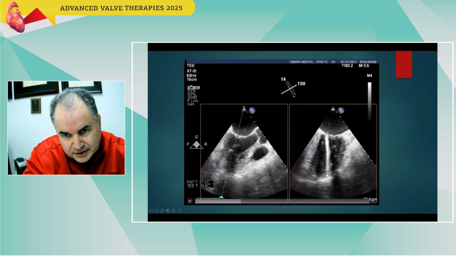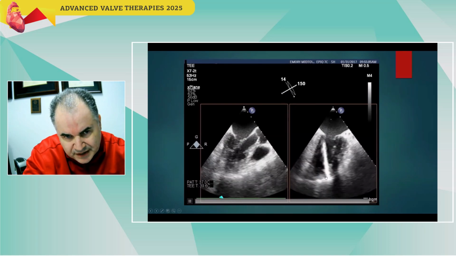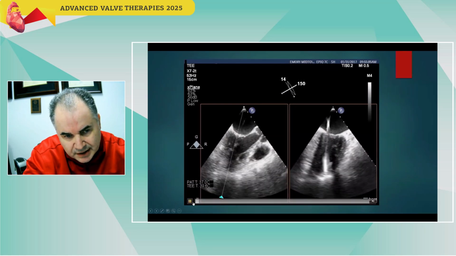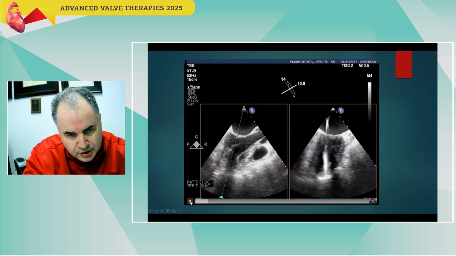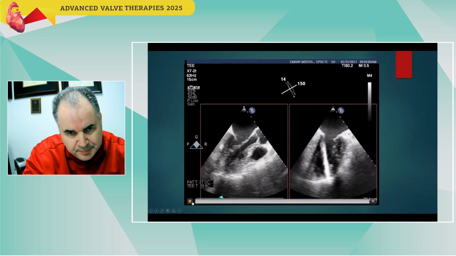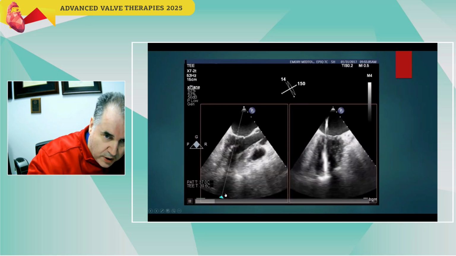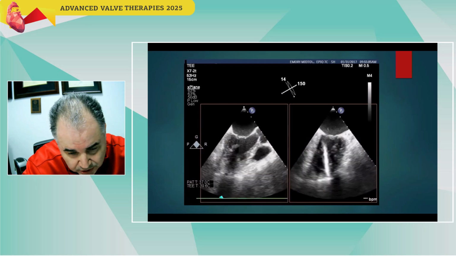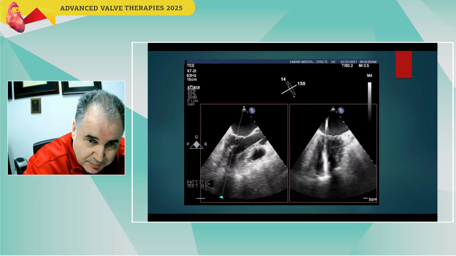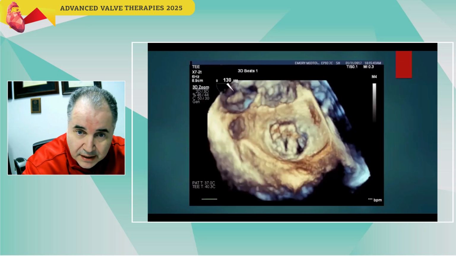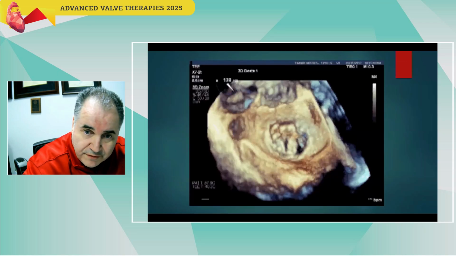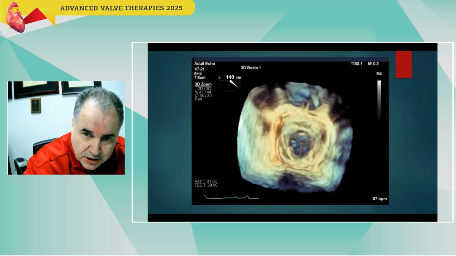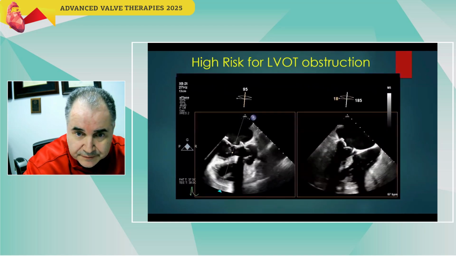If you compare transapical mitral valve replacement to transseptal, transapical is much easier, but of course we know the problems by giving another injury to the ventricle of these patients. So that's the problem, and that's why I think the long-term therapy, transcatheter-wise, will be transseptal mitral valve replacement. And this is how the valve looks before it's deployed, and this is after deployment of the Tendyne valve.